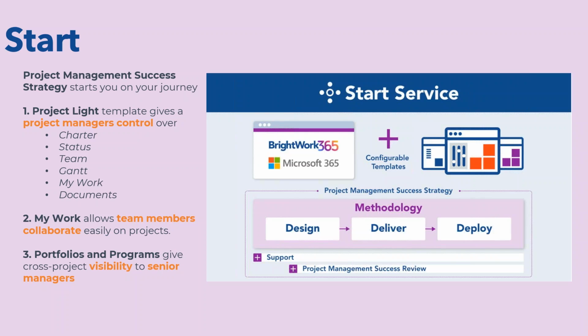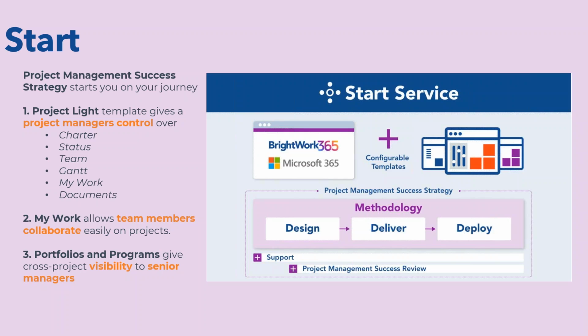And then when you have lots of people managing lots of projects, and that first one is focused on your project manager audience and enabling them to control, you'll have team members on the projects who will be involved in lots of projects. So what you'll want to do is, number 2, perhaps give them visibility so that they can collaborate on 1 or more projects using something like My Work.